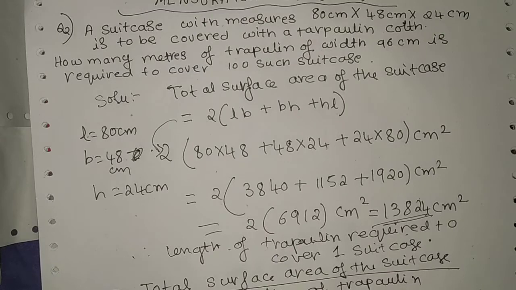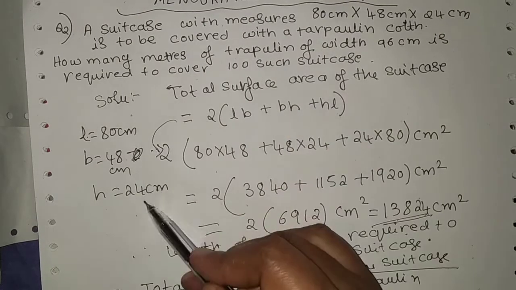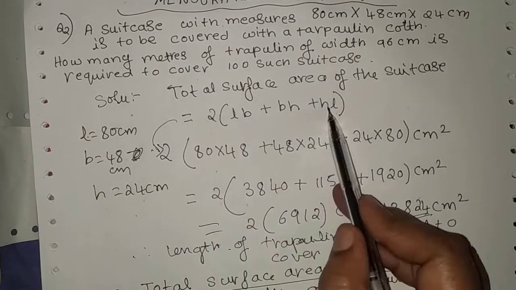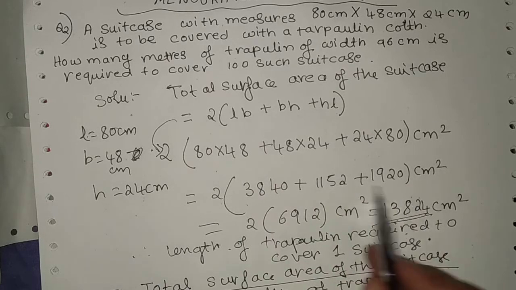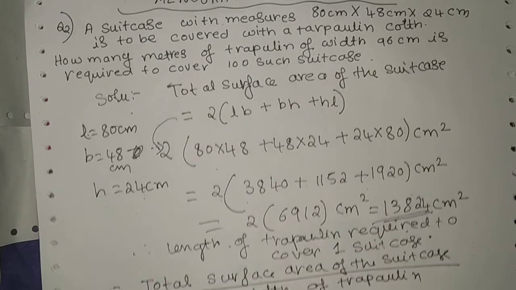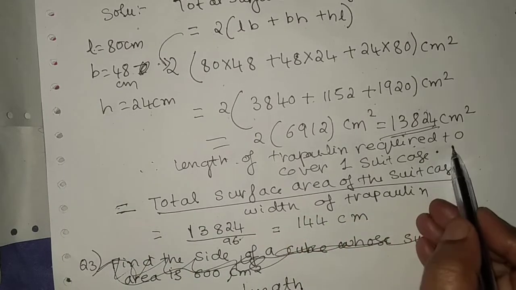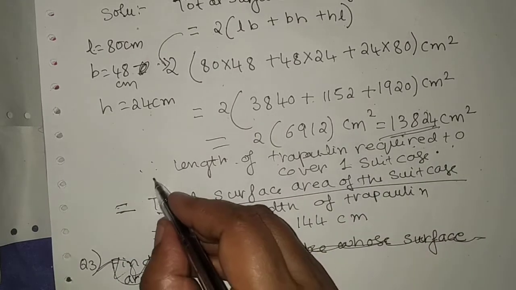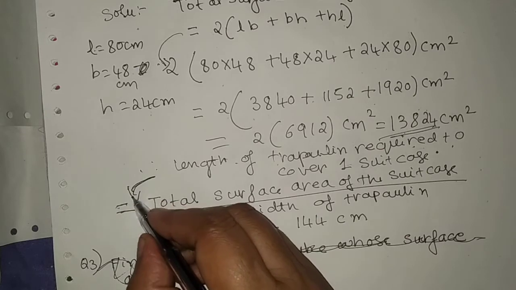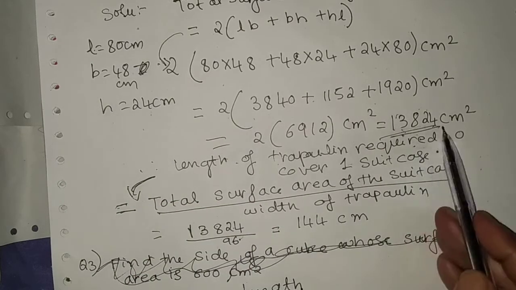Once again I'll explain. This is the measures of the suitcase given. We substituted in the formula, so we got this one as 13824. Now see, we have to calculate the length of the tarpaulin required to cover one suitcase. This one is this, so don't get confused with this one.